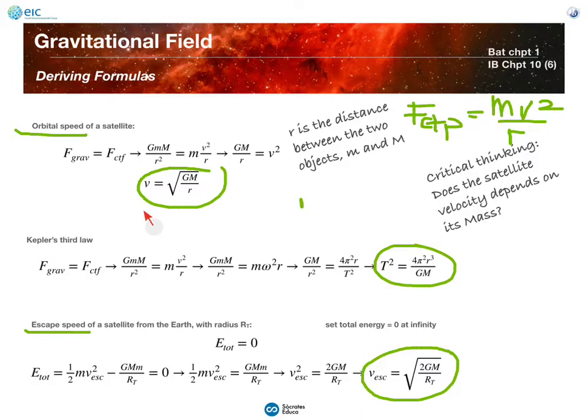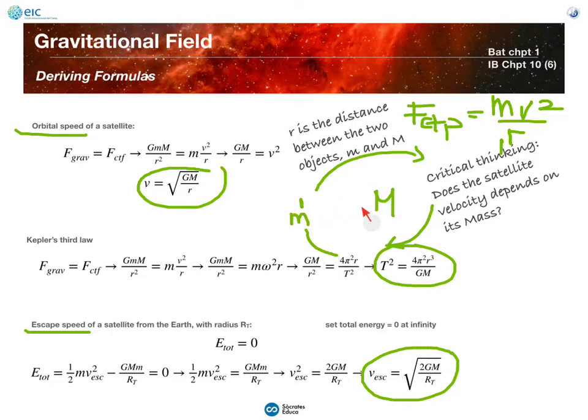So if you've got a satellite S orbiting around a big planet M, and that would represent the trajectory, then this mass here is the mass of the satellite. This is the velocity of the satellite, and this is the distance from uppercase M to lowercase m.